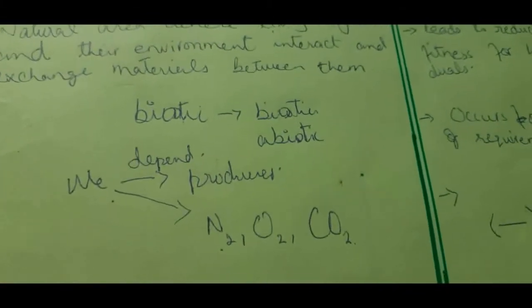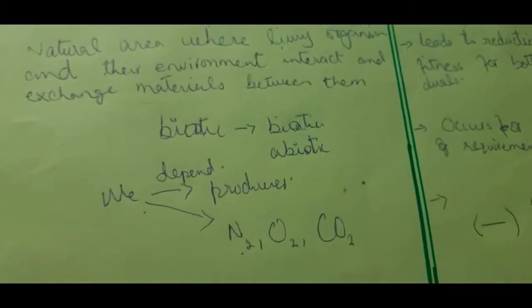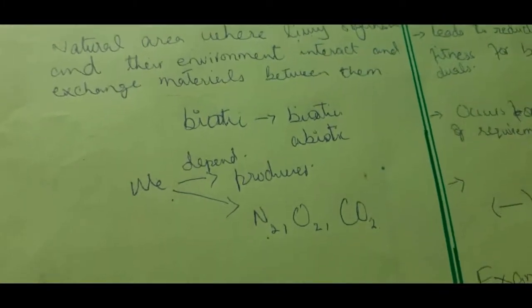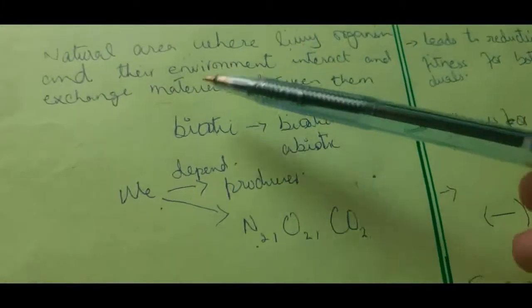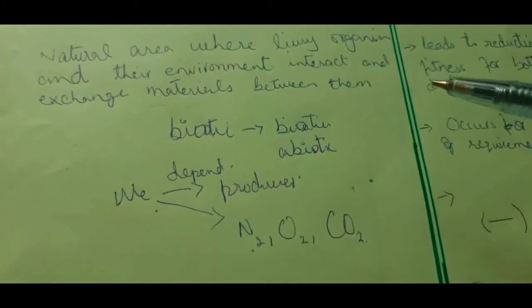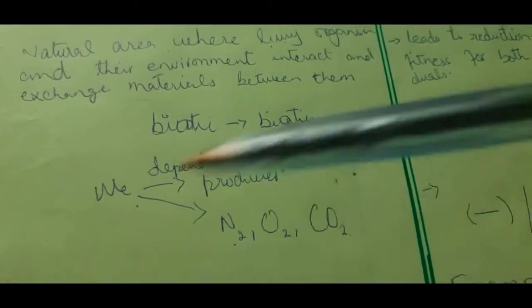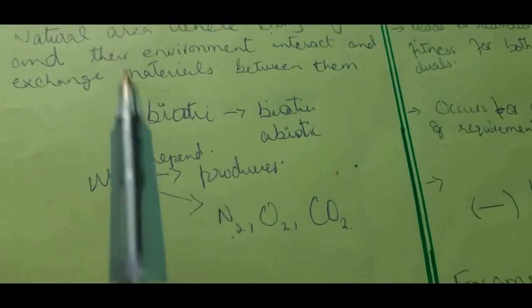So there are various factors on which we really depend, and that dependence, that interaction between the living organisms and the environment is called ecosystem, as well as the exchange of materials between us. Between us means that living organisms and the environment, there is a continuous exchange of the materials or these chemicals.